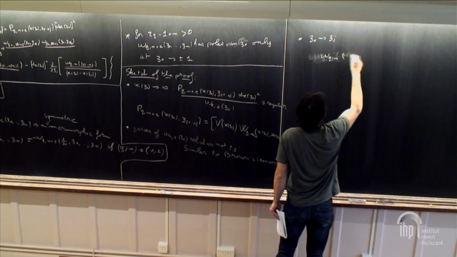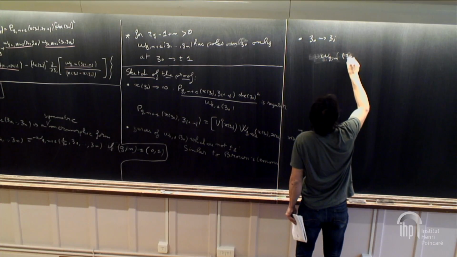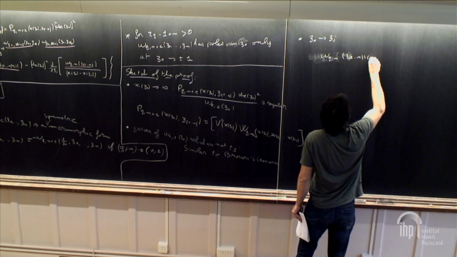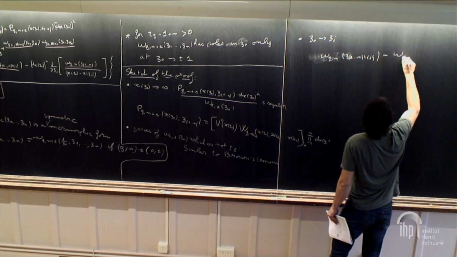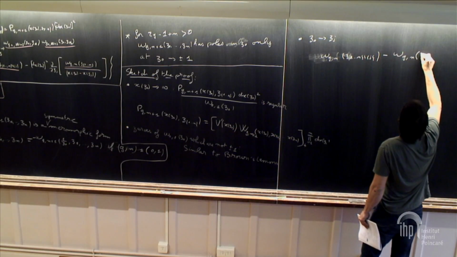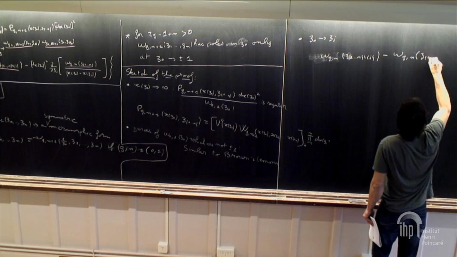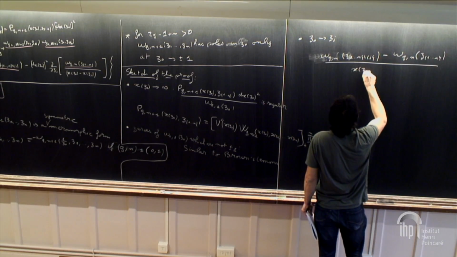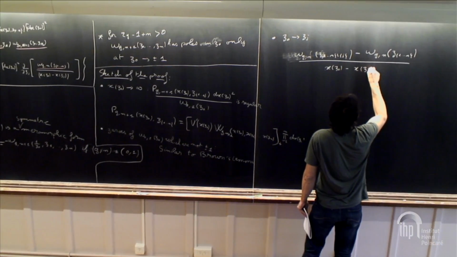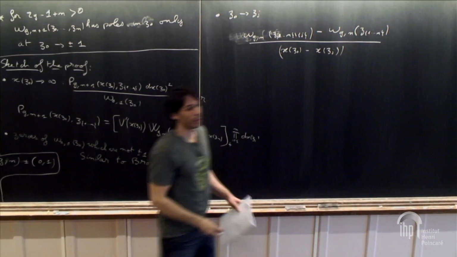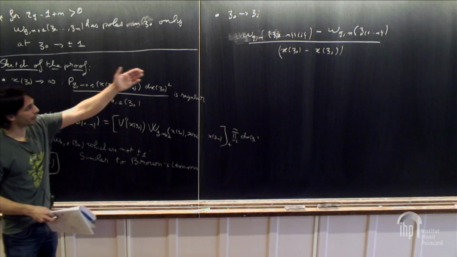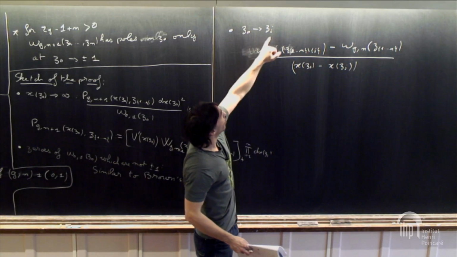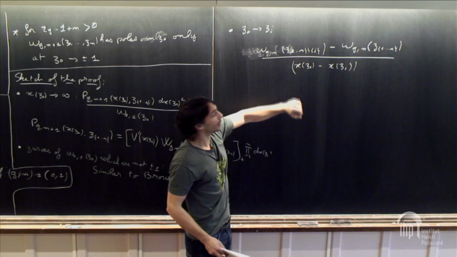omega g,n of z1 to zn, divided by x of z0 minus x of zj, which, exactly as in the case g equals 0 and n equals 1, is regular when z0 goes to zj, because the numerator and the denominator have a simple zero.